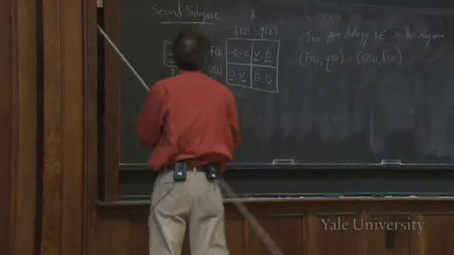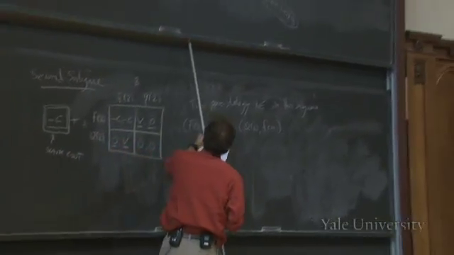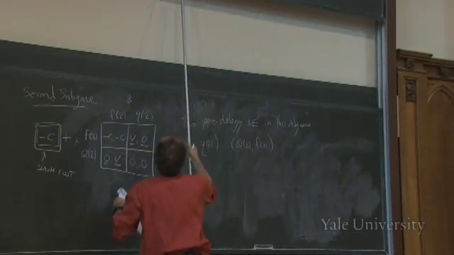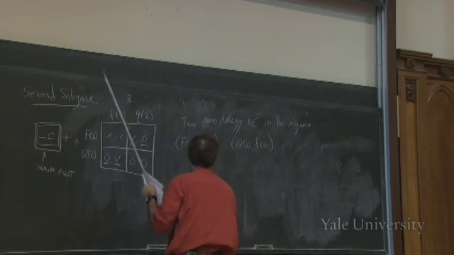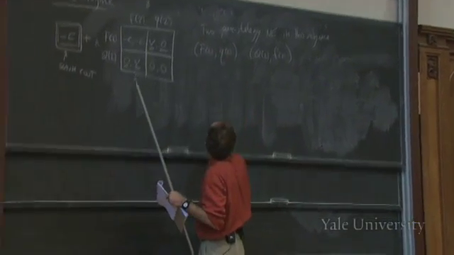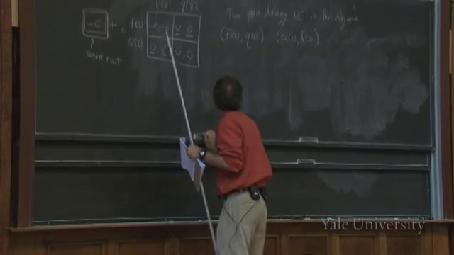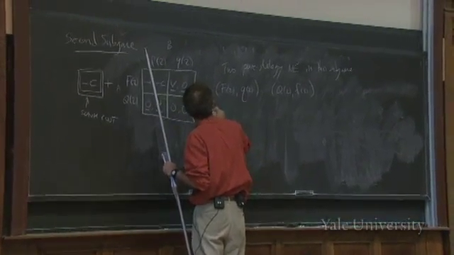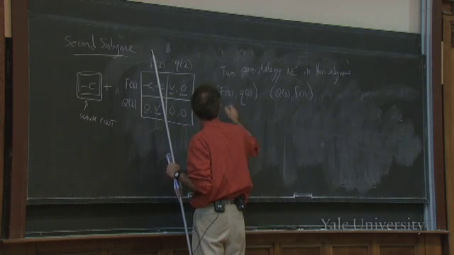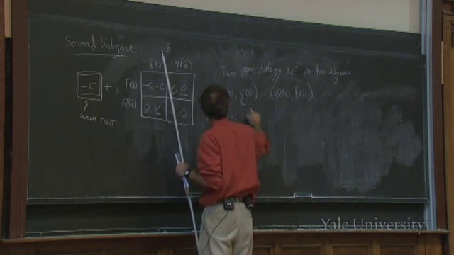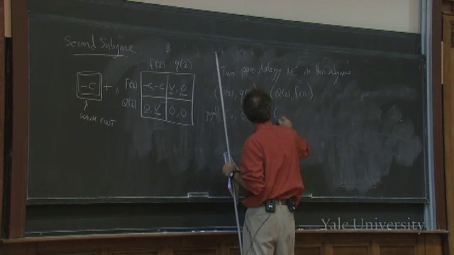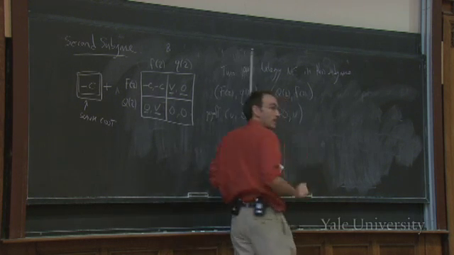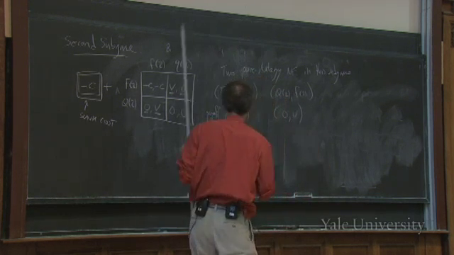Let's roll these back into the first stage of the game. Before I do that, the payoffs associated with this one are V and 0, and the payoffs associated with this one are 0 and V. Everyone okay with that?